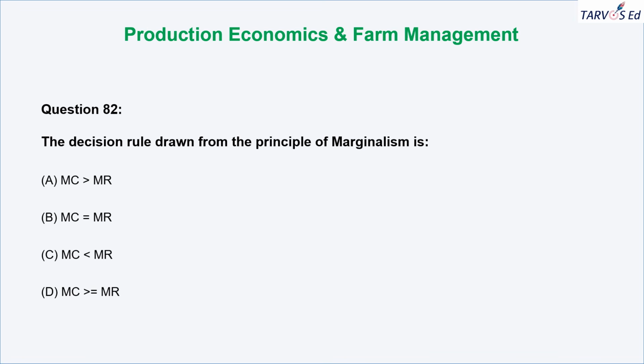Next, moving on to question 82. This is also from production economics and farm management. The question is about the decision rule from the principle of marginalism. Marginalism is nothing but how the additional input or additional output impacts the profit or revenue.